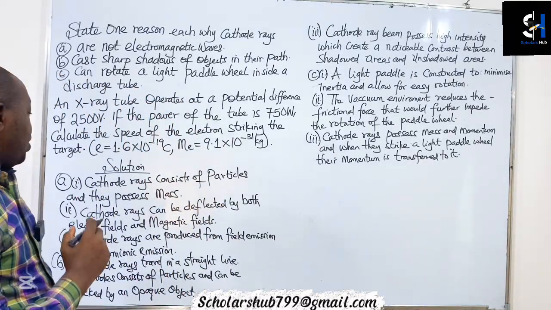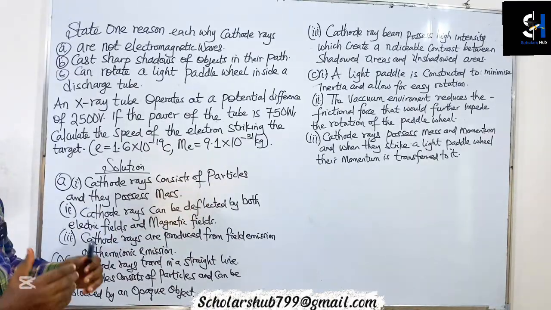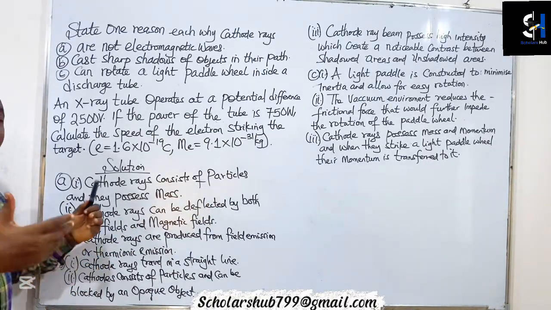So we have, for the first one, cathode rays consist of particles and they possess mass.